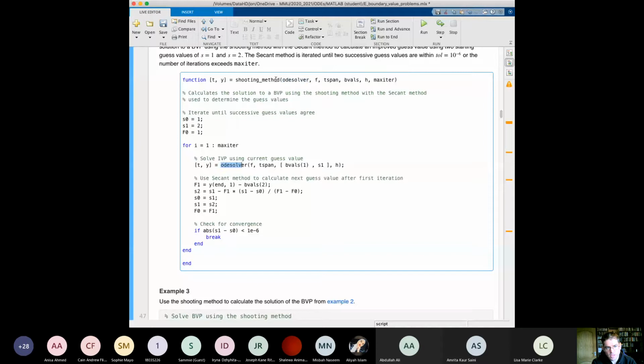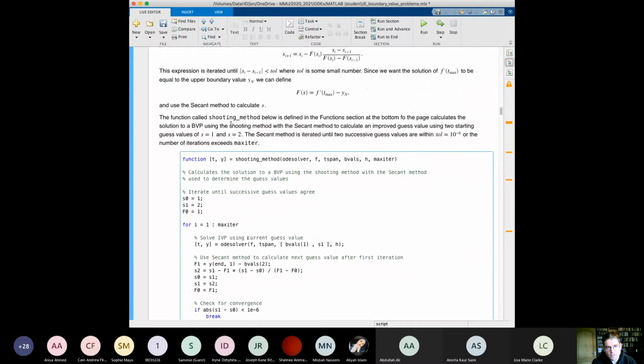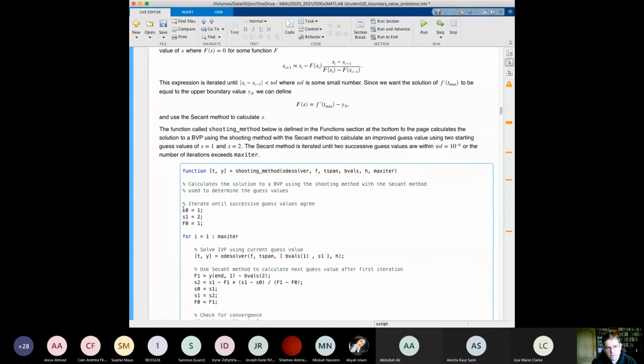So for example, if this is Euler, it'll use the Euler function. That calculates your solution using the current guess value, which is S1. So S0 is the previous guess value, S1 is the current guess value. So Si is essentially S1, and Si minus 1 is essentially S0.